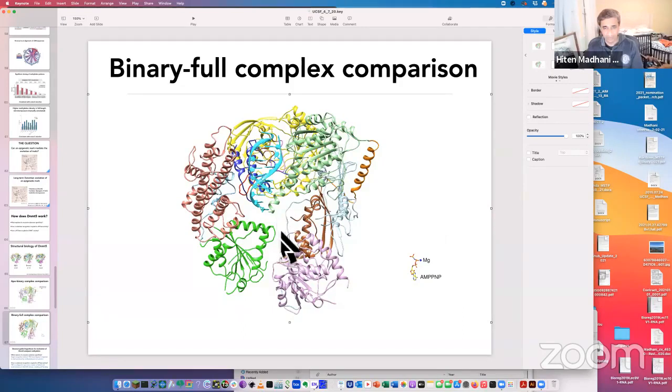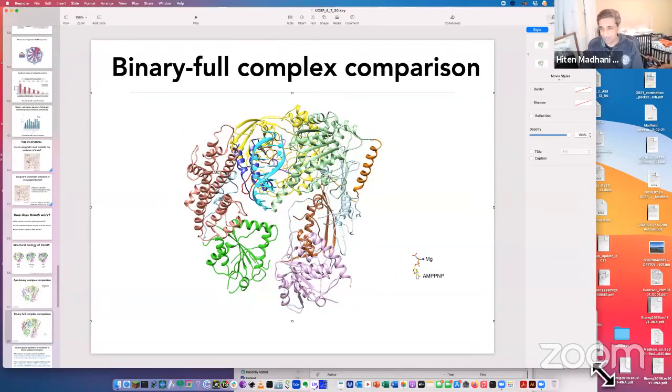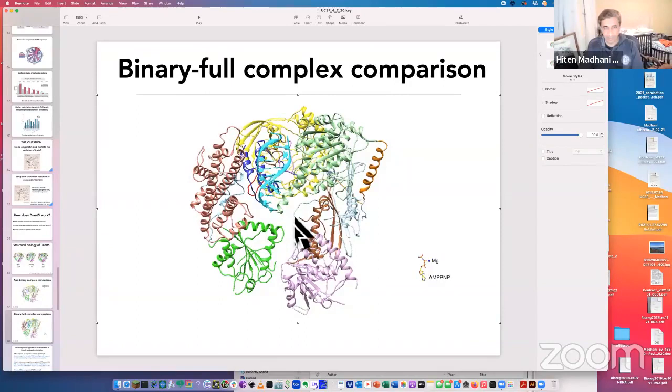Now we're going to, if I can get this one to load, morph from that binary complex to a complex that has a nucleotide and an analog of S-adenosyl methionine bound to the enzyme, so you can see what happens when nucleotide hits the enzyme. I'm going to try, okay, this is dangerous, but I'm going to hit play.